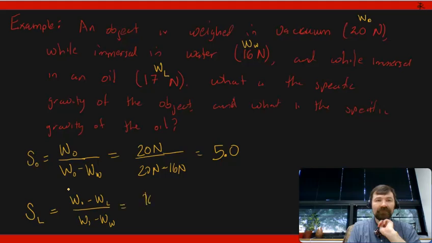So that's 20 newtons minus 17 newtons divided by 20 newtons minus 16 newtons. And that is 3/4 or 0.75. So the specific gravity of this oil is 0.75. That means that it has a lower density than the water, and that means that if you poured it into water, it would eventually all float to the top.